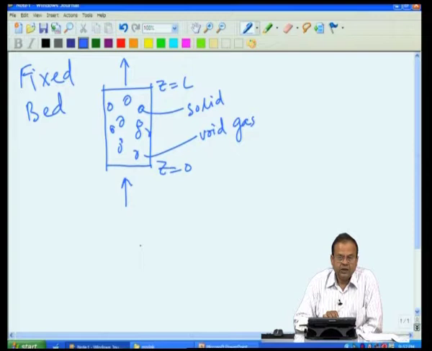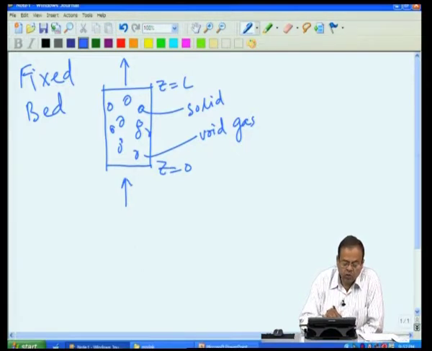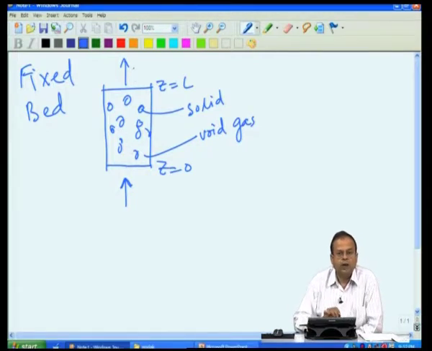Our gaseous reactants are moving through the voids, diffusing inside the catalyst, reacting, and products are coming out. But as far as the main convective flow is concerned, it is essentially from one end of the reactor through the voids of this bed to the other end.